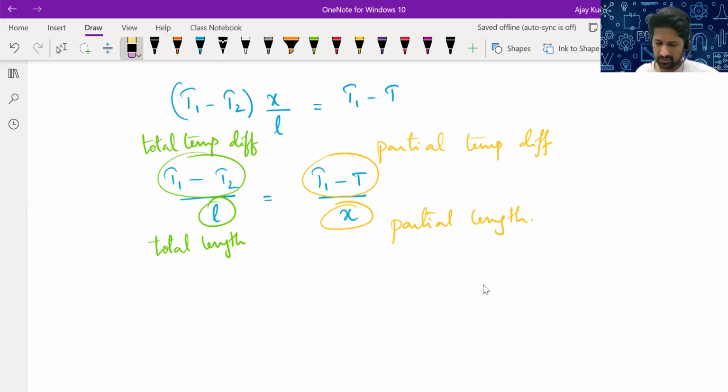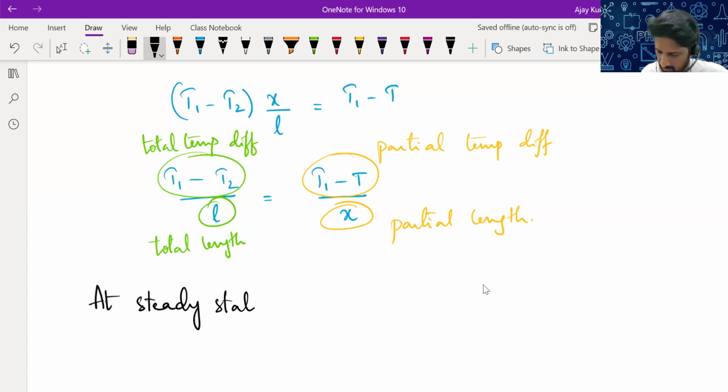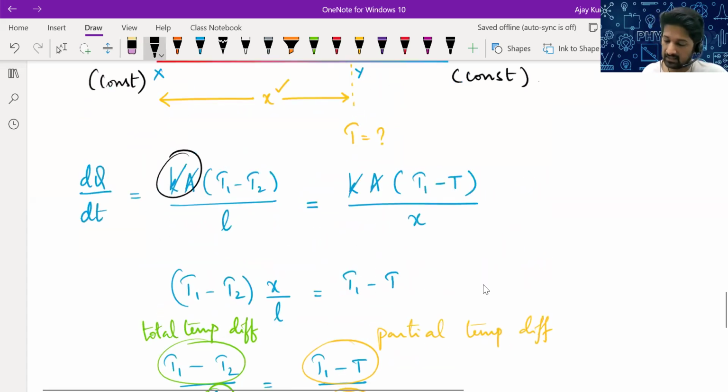Fine. Now, what you see from the result here is that T1 minus T2 divided by the distance between those 2 points is equal to T1 minus T divided by the distance between those 2 points. So what this effectively means is at steady state, provided some conditions are satisfied, conductivity should be same everywhere, area of cross section should be same everywhere. Because while deriving this, we cancelled K and A. Only if they are same everywhere, they can be cancelled.